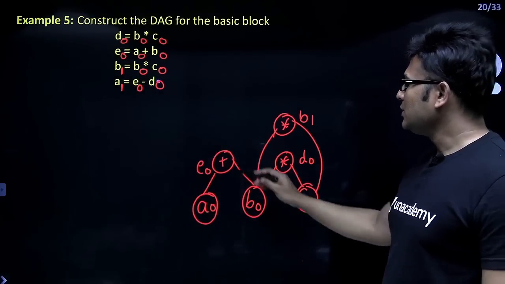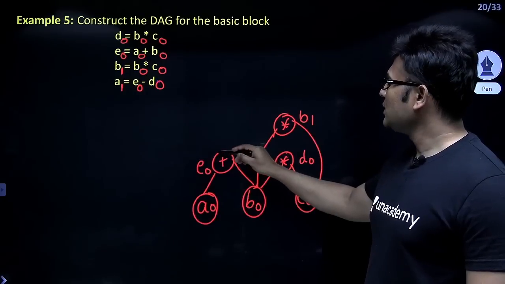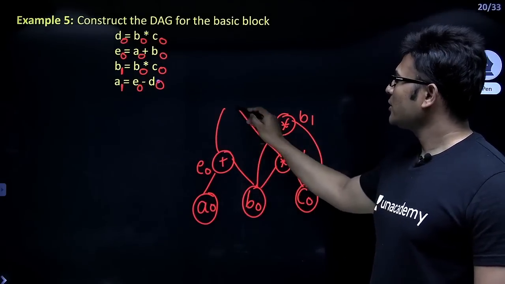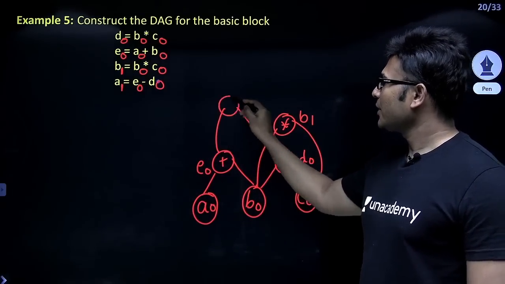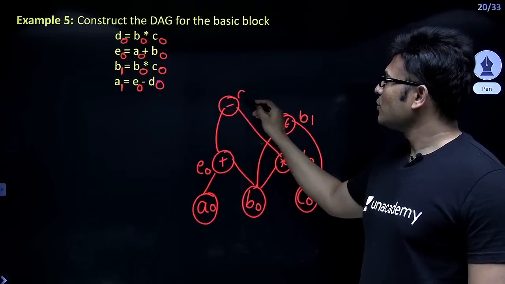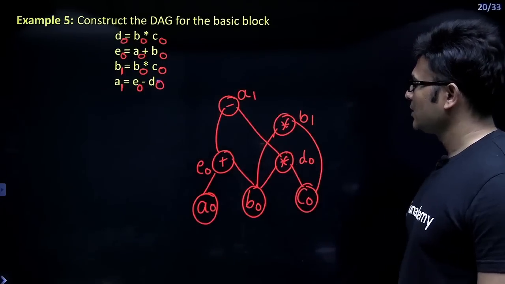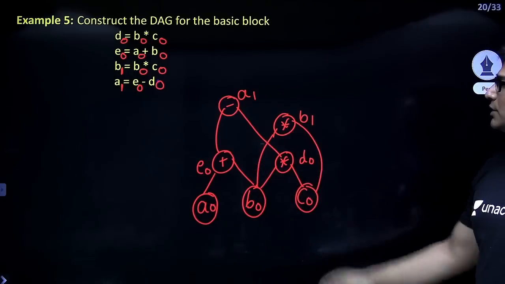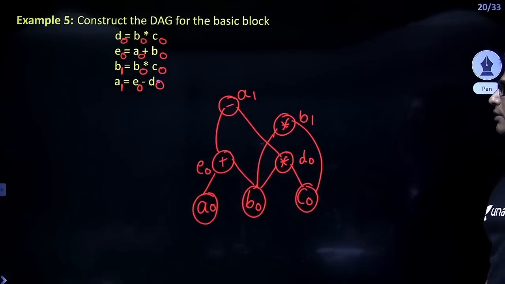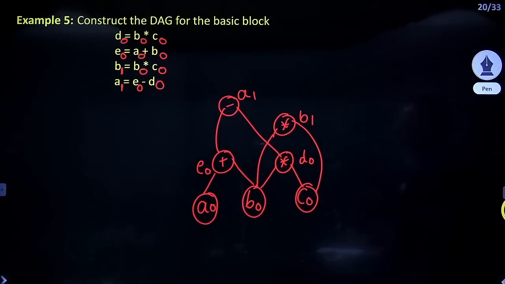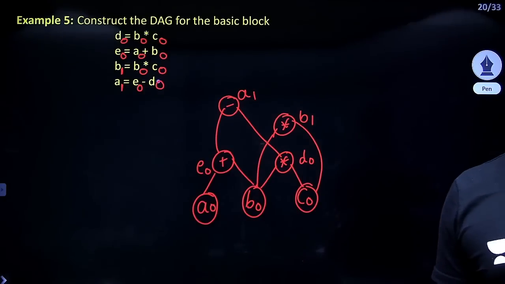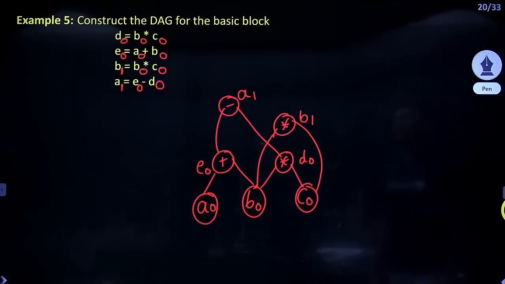And E naught and D naught I'm going to subtract, and I'm going to call it A1, right? So here you can clearly see what is the minimum number of nodes and what is the minimum number of edges in the DAG.